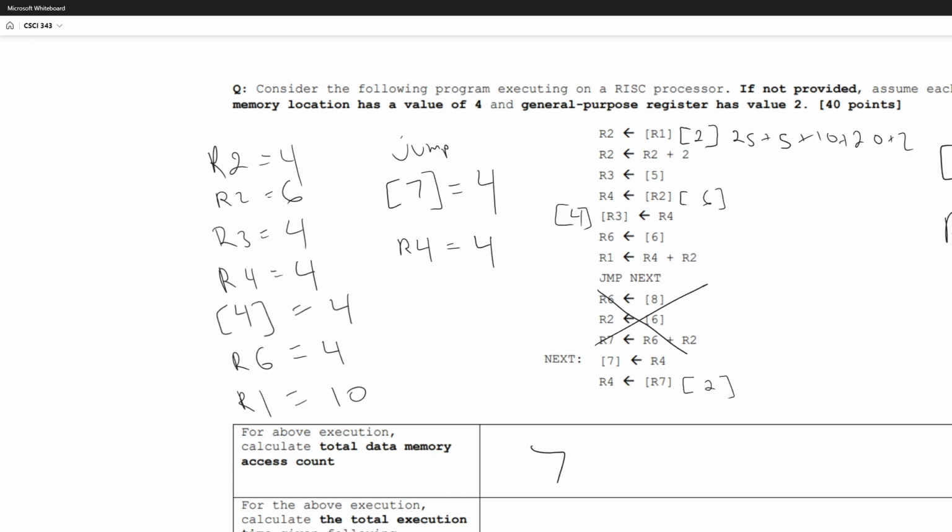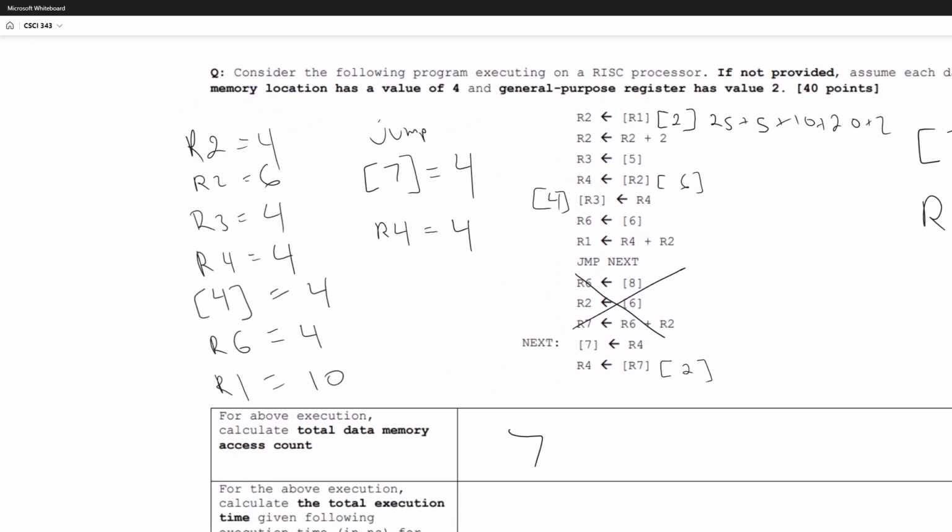For S type, fetch, decode, exec, then mem. And for jump, it's only fetch and decode.